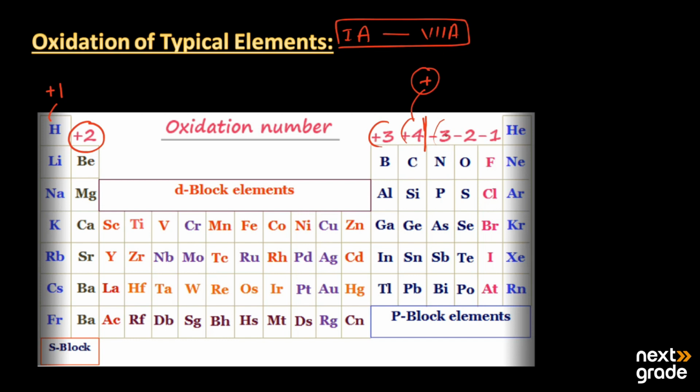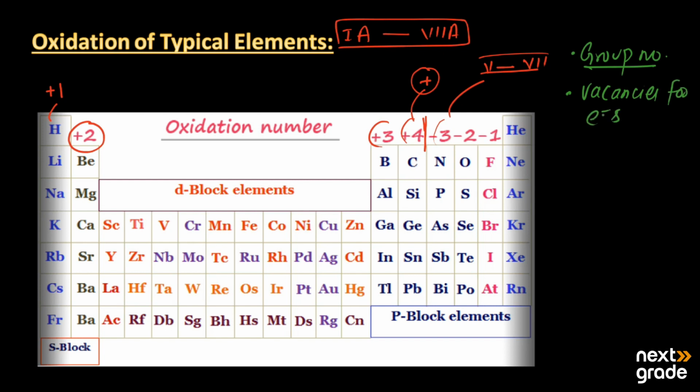And then we have group 5 to 7. Their oxidation state depends upon two things. It may be equal to their group number or it may be equal to the total vacancies for electrons present. For example, group 5A has 5 electrons and there are 3 vacancies.